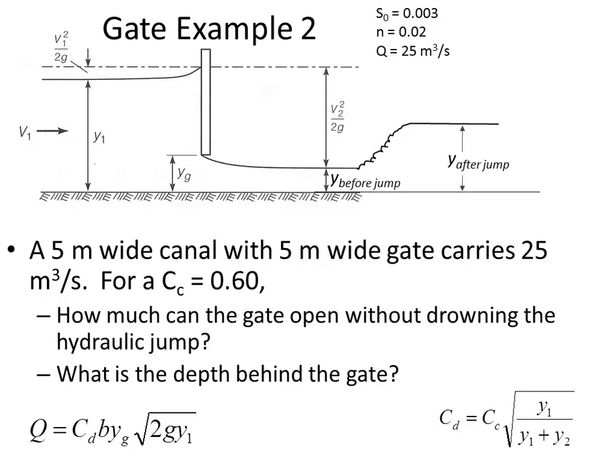Now, if the gate is lower than the critical depth, let's say that it is 1 meter, then the water is going to come out, contract, run, and then jump.